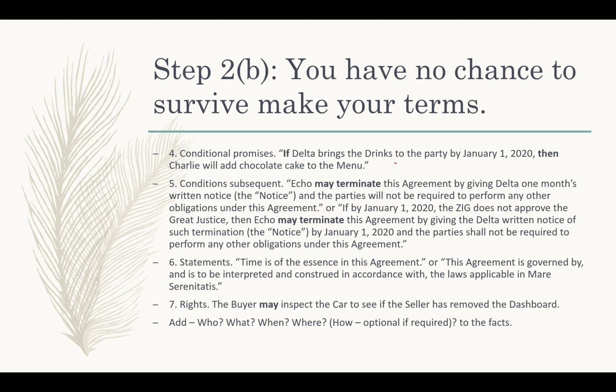So that's how we write legislative sentences in the contract. We always have who, what, when, where, how. How is optional, because you can say "by check," for example, which is a how, but it's generally optional.